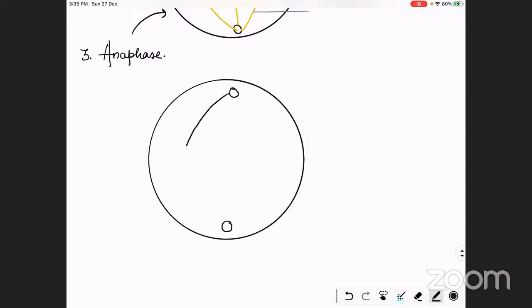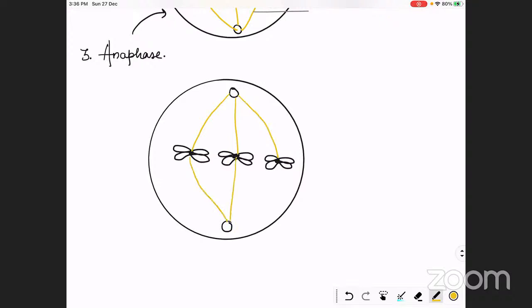Now, the chromosome is present at the equator, like this. And here is your spindle fiber.